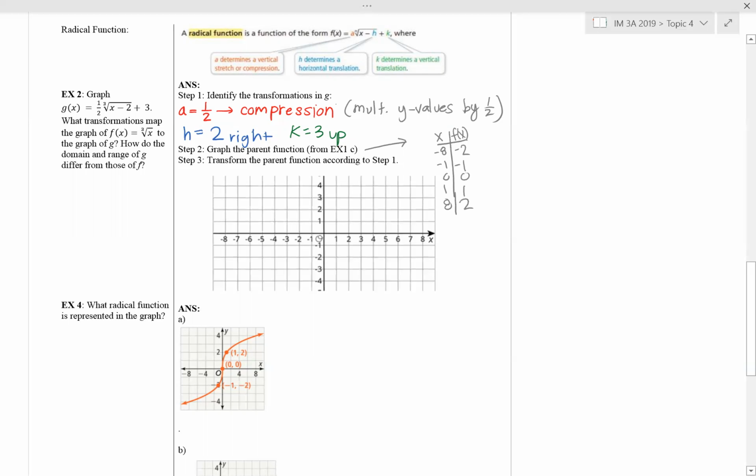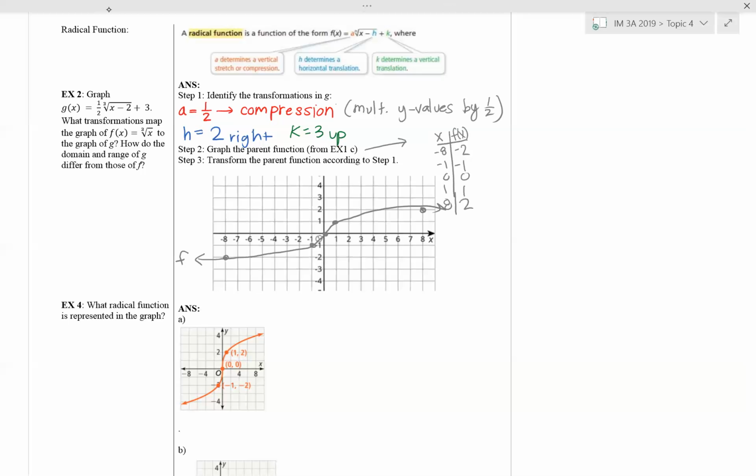And so we're going to plot that parent function one more time just so that we have that shape here. Oops, I plotted that at 1. So 8, 2, not 8, 1. And then -1, -1, and then -8, -2. Okay, so that's our parent function in pencil so that we can kind of keep this organized. So that's f.